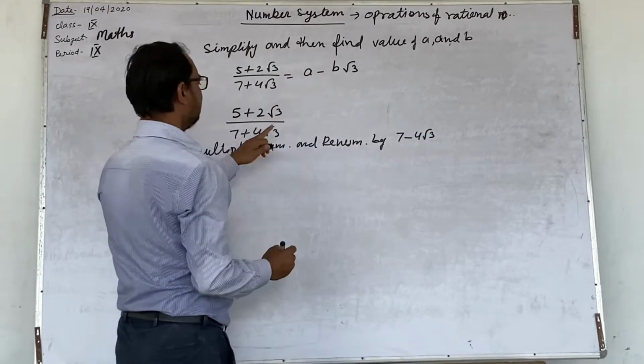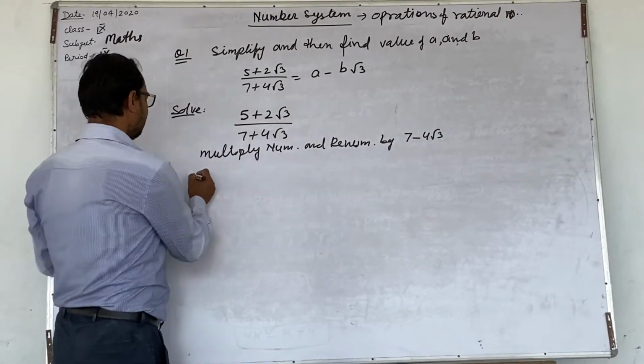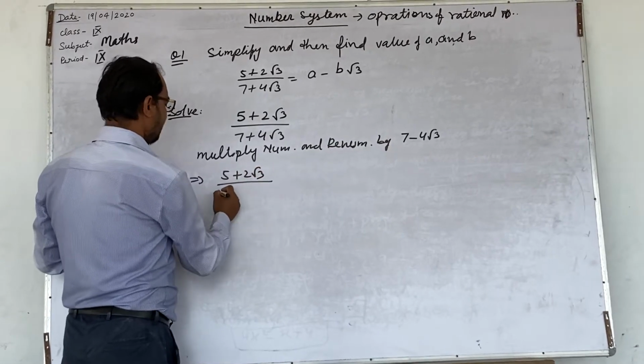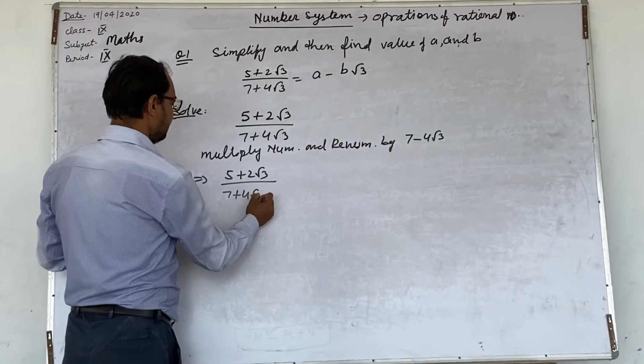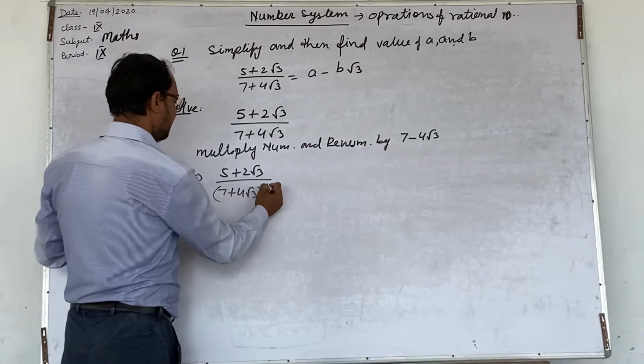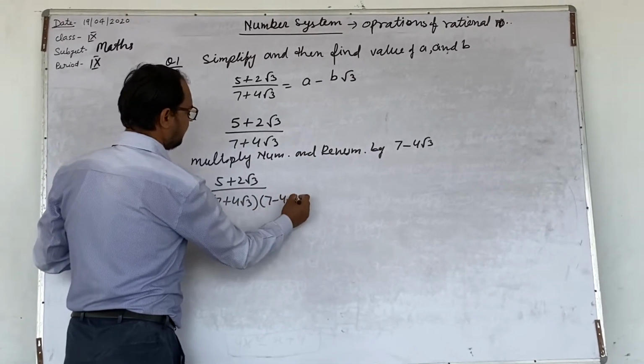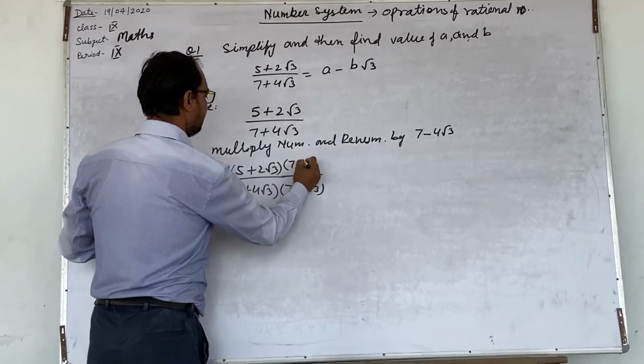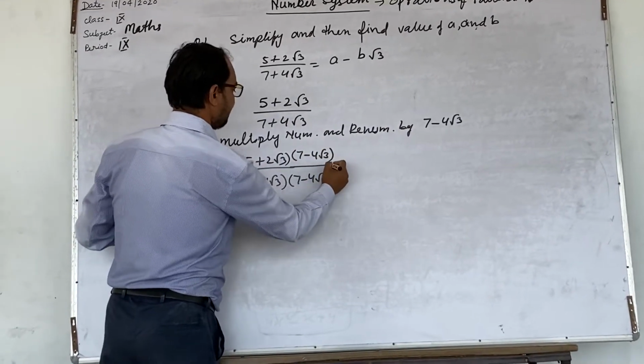Just the same thing, changing the signs. Now this is (5 plus 2 root 3) upon (7 plus 4 root 3) multiplied by (7 minus 4 root 3) upon (7 minus 4 root 3).